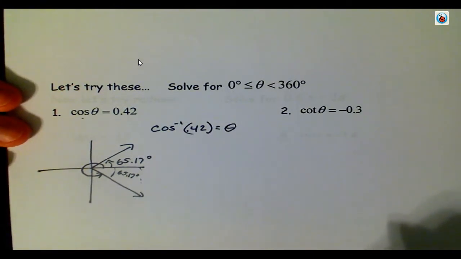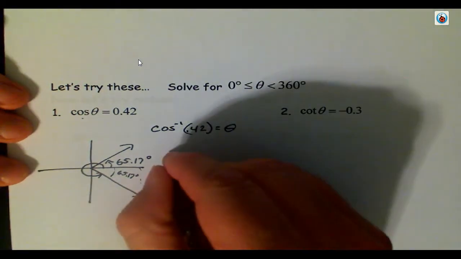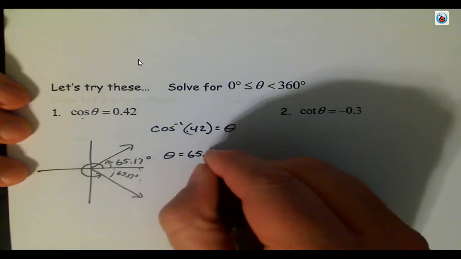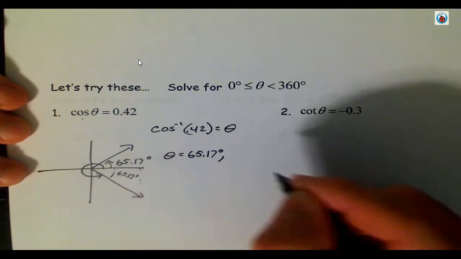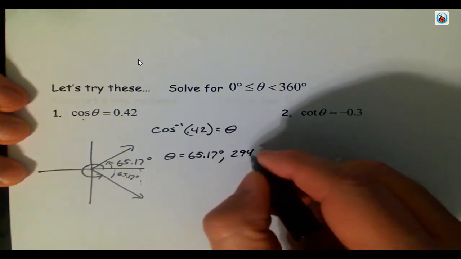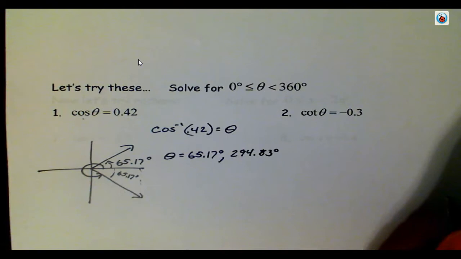So all I need to do is subtract it from 360, and I will find my other angle. So theta is going to equal 65.17 degrees and 294.83 degrees.